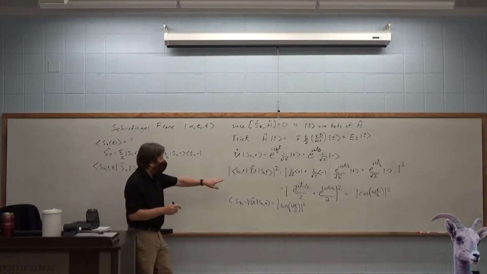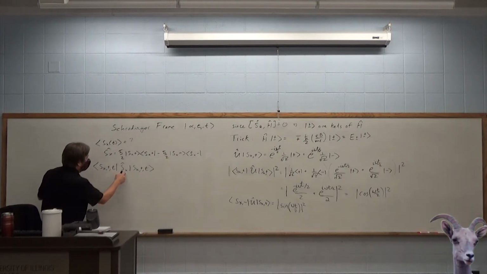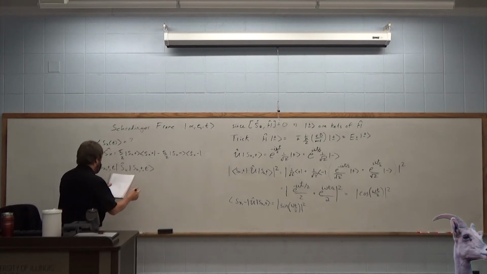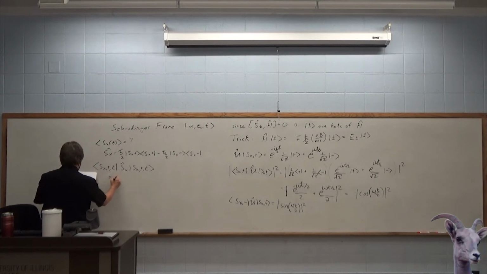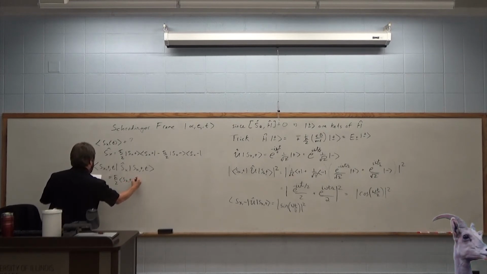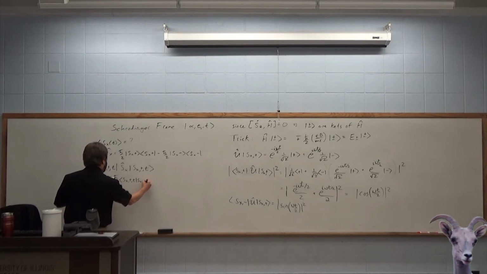Notice that the U operator, I'm assuming it's already been applied. So this is really U transpose Sx U. That's what's really going on. I'm just assuming that you know that. All right. Okay, what you get is h bar over 2 Sx plus, Sx plus.